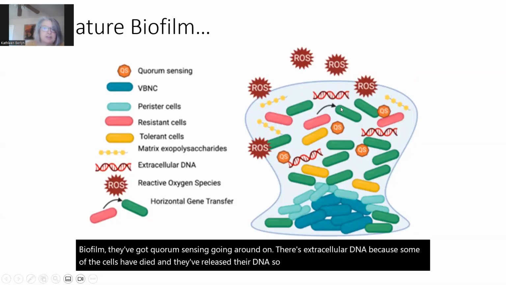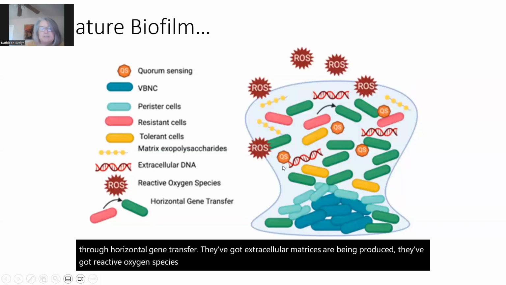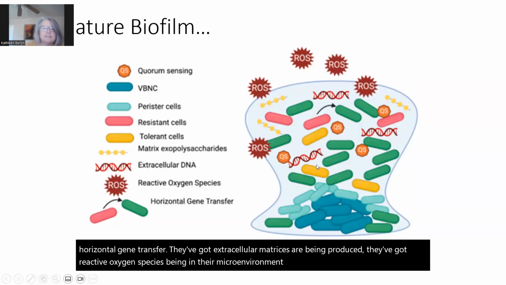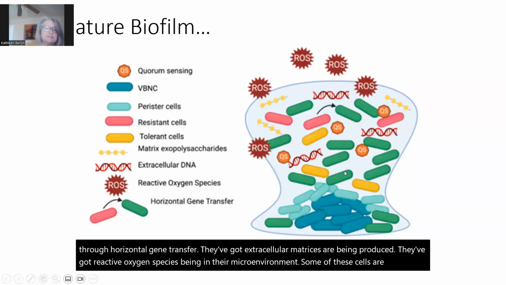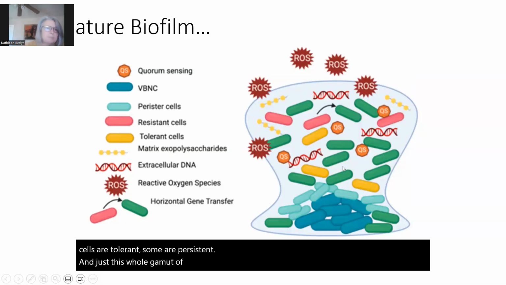So they're sharing genetic information through horizontal gene transfer. They've got extracellular matrices being produced. They've got reactive oxygen species in their microenvironment. Some of these cells are tolerant, some are persistent, and just, this whole gamut of a mixed population of organisms.